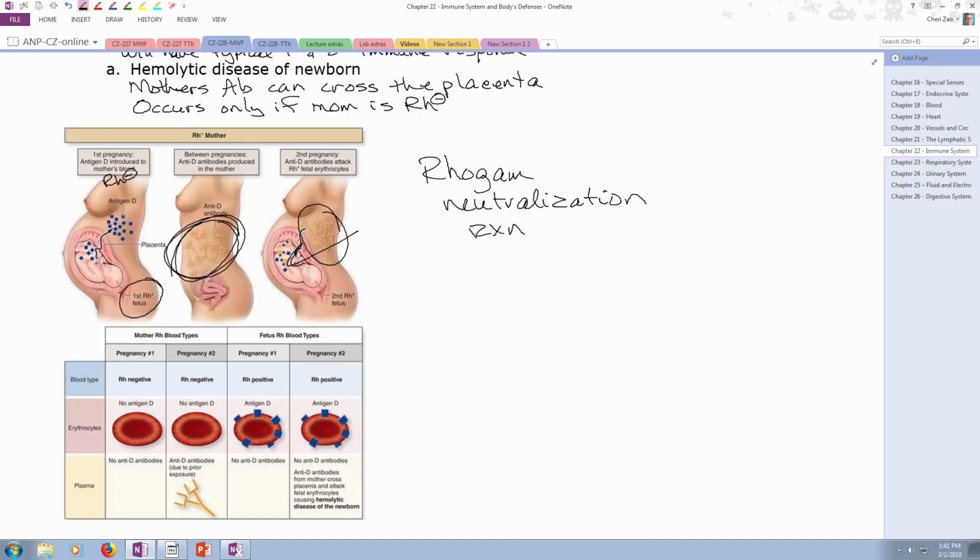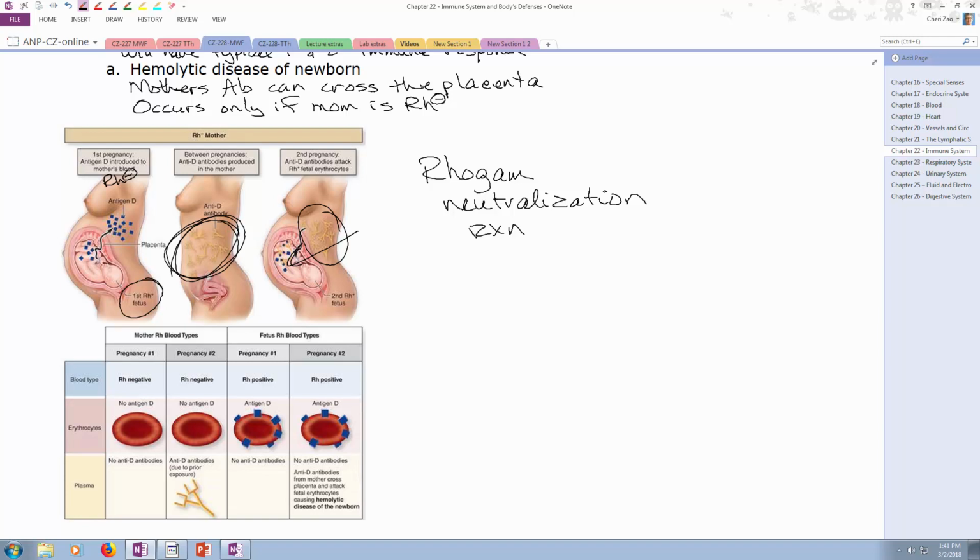However, this RhoGAM shot will be more of the immunoglobulin G class, which will immediately hunt out and find and, again, neutralize the red blood cells that could be floating around in mom's system that she would mount an immune response to. And so that's what RhoGAM does. It creates a neutralization reaction for mom.